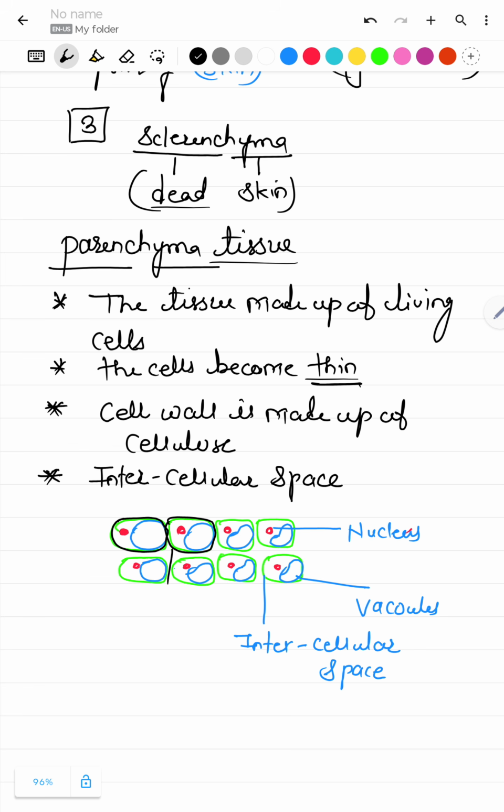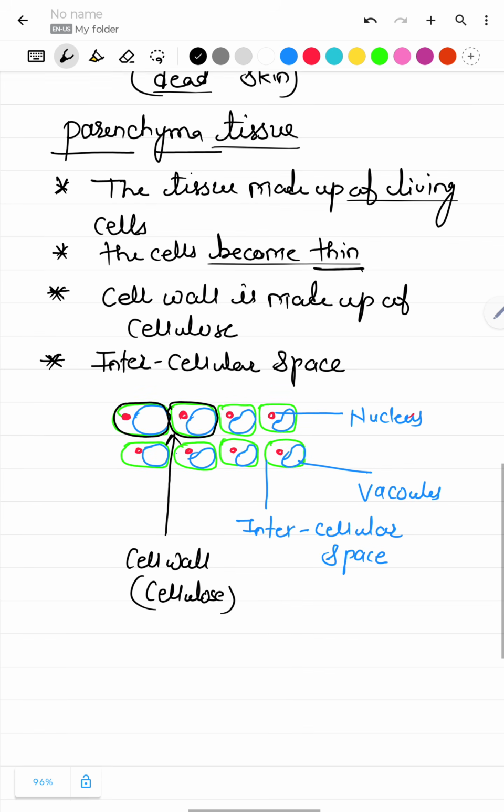Their name is cellulose. So the reason: the parenchyma tissue is made up of living cells. They have a thin cell wall made of cellulose, and intercellular space.